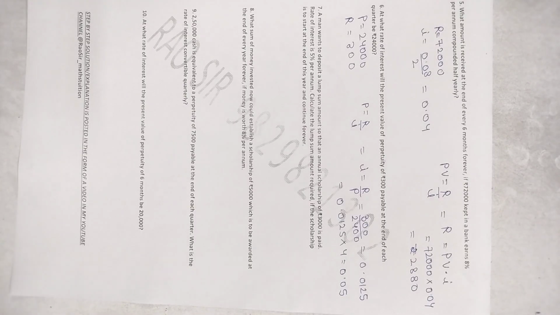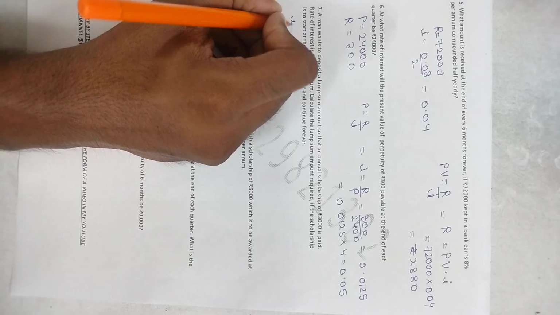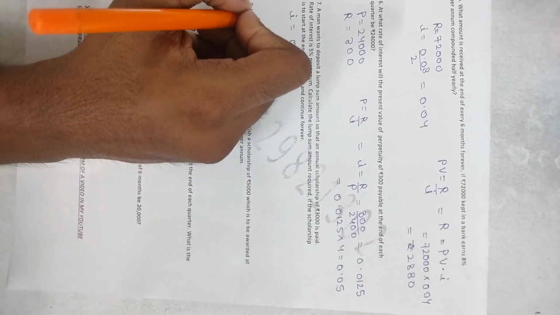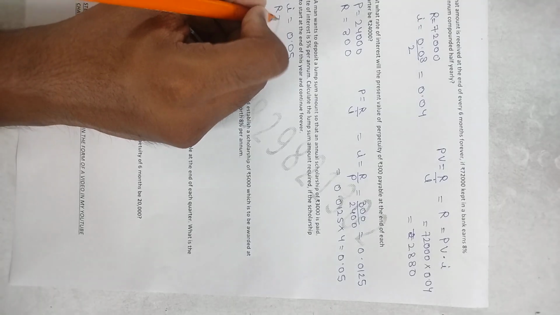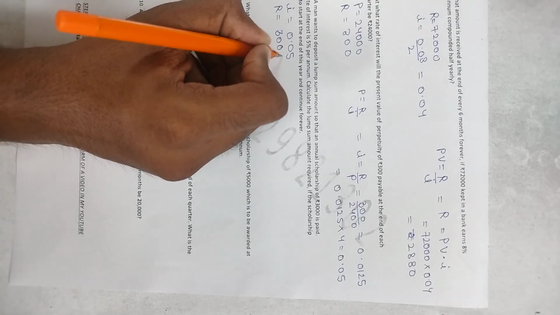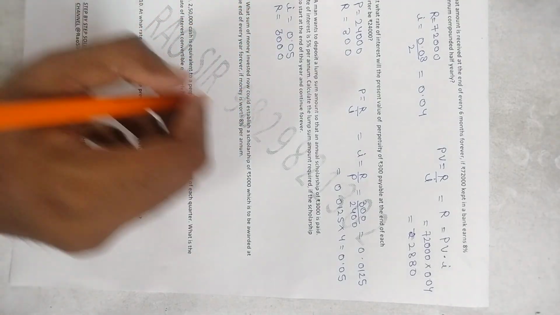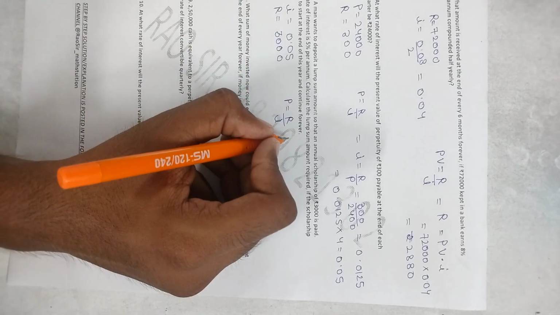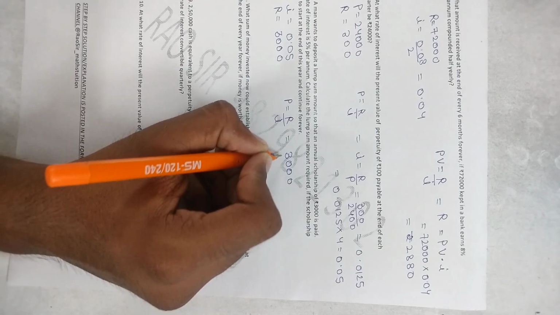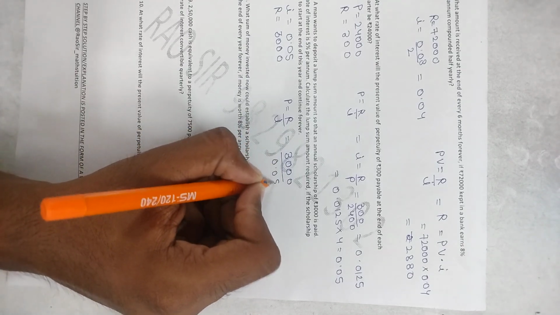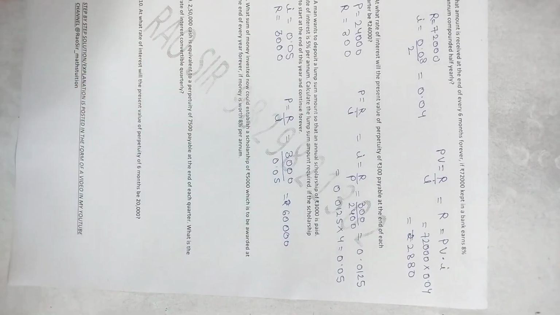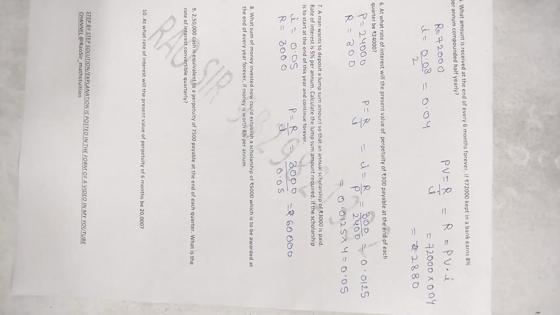It is the end of the year, and he has to get a scholarship of 3,000 rupees. We have to find out P, so if you use the same formula, yes, perfect.